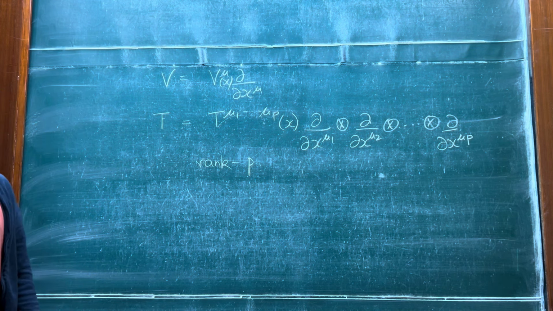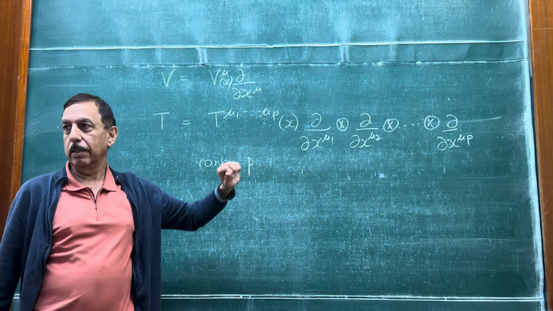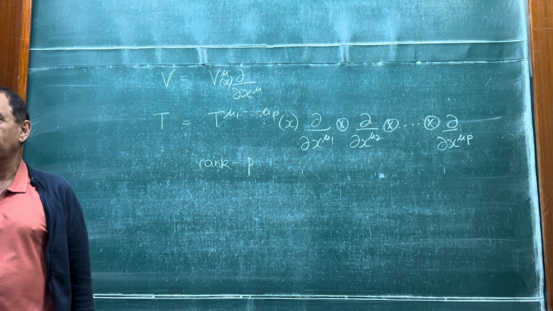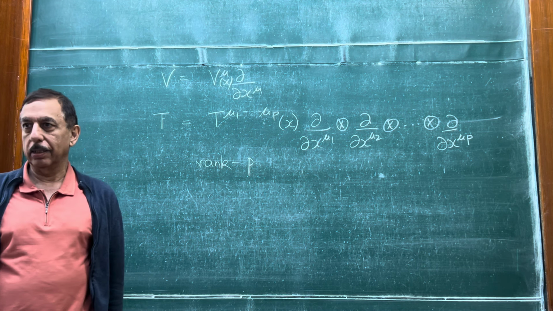And like vector fields, tensor fields defined in this way start out their life with all upper indices, but because we have a metric on the manifold, those indices can come down using the metric.